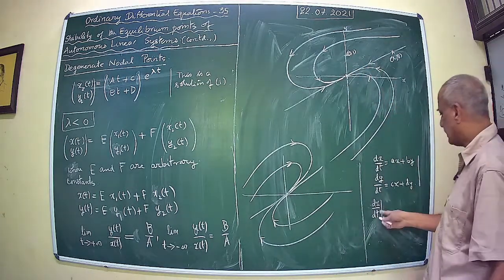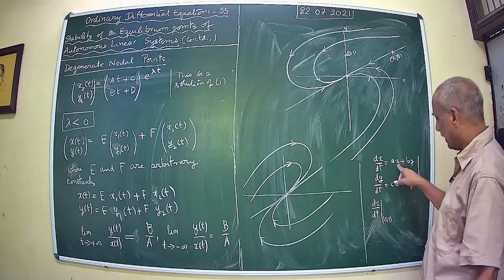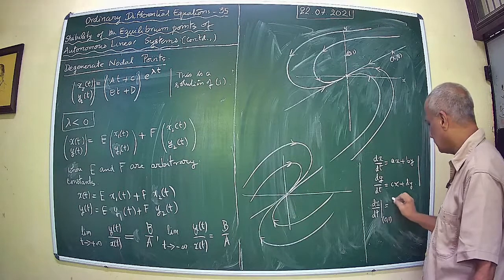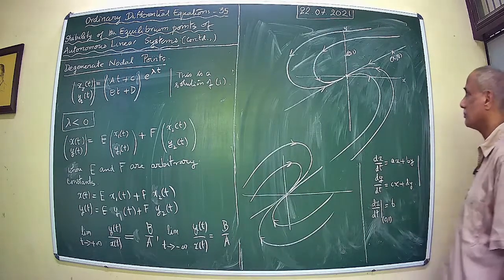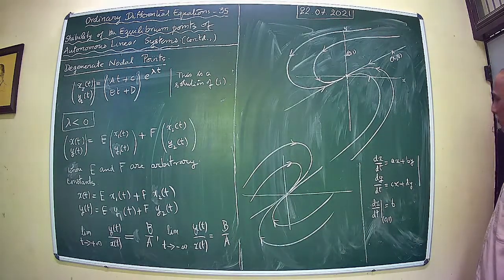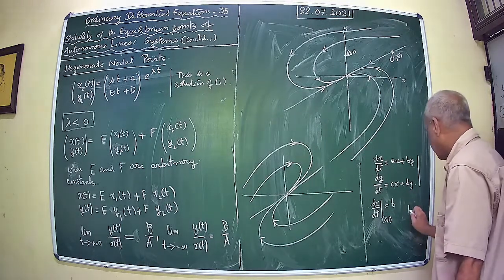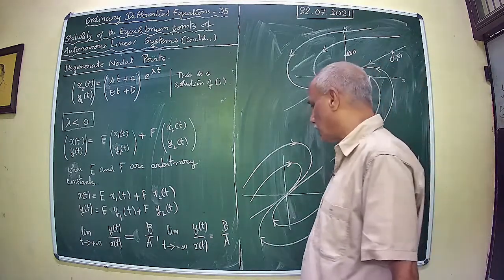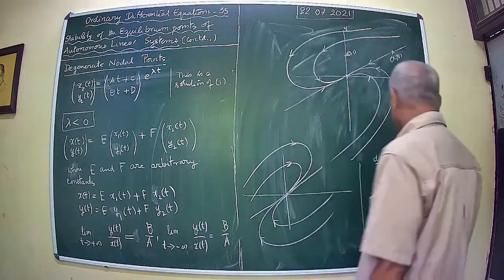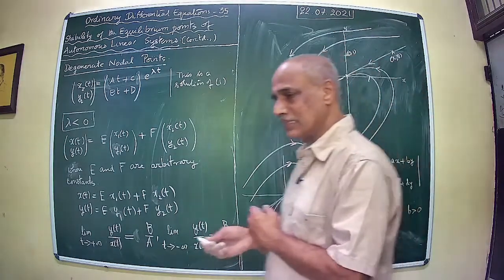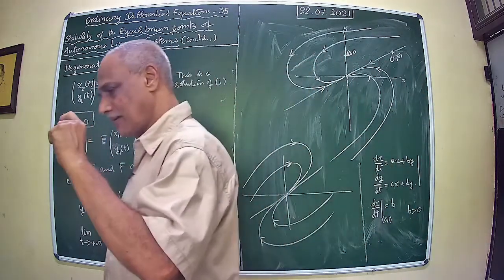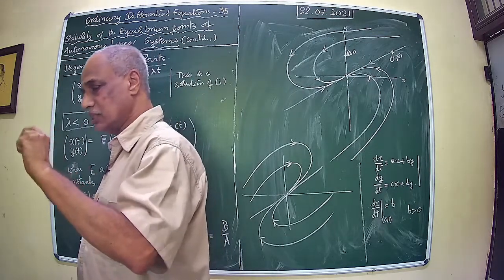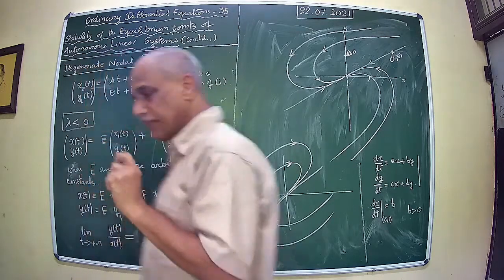At (0, 1), what is this going to be? x is 0, y is 1, so it is b. Now what does this say? Suppose b is positive. b is positive means x is increasing at the point (0, 1) if b is positive.